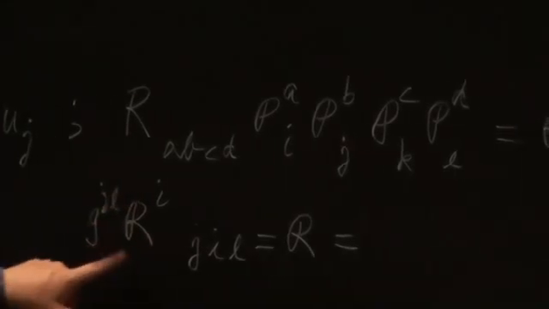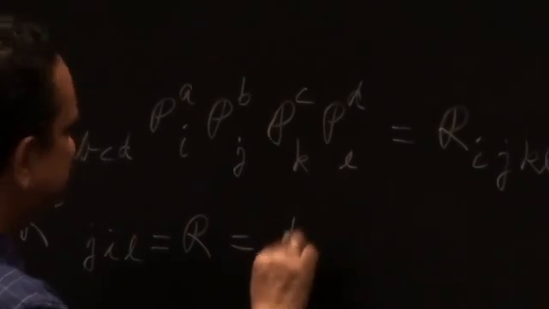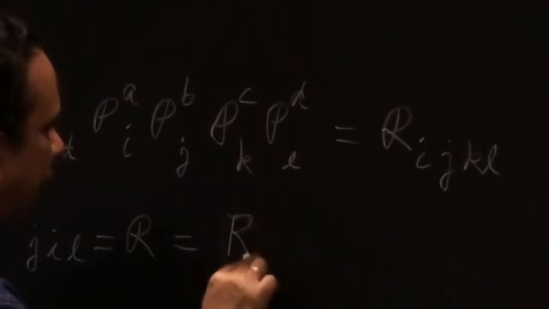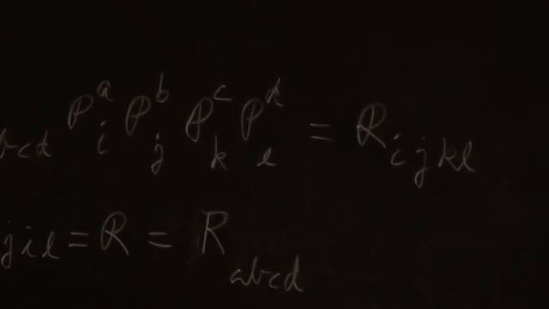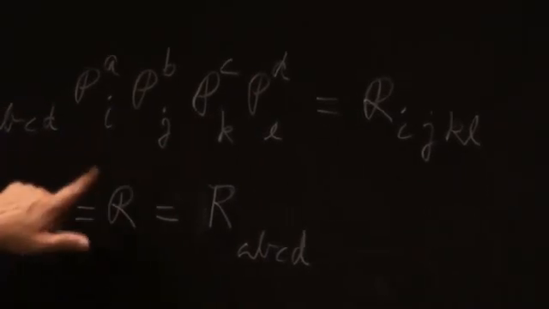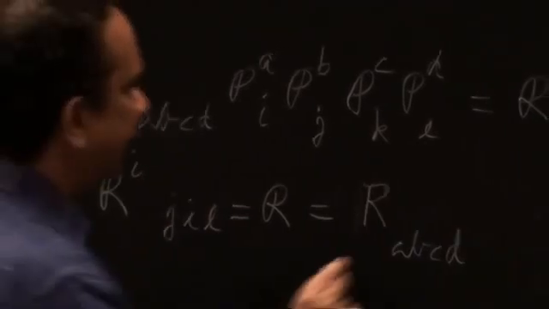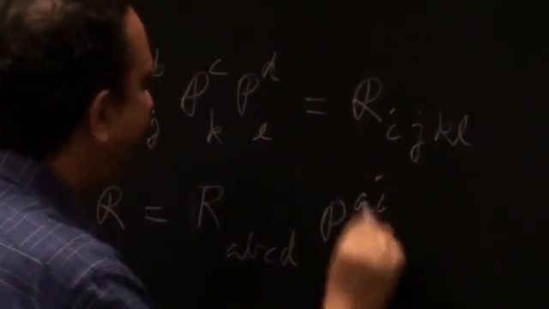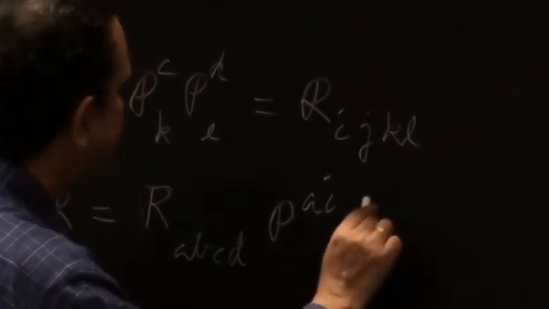So here I am going to first put I and J equal. Okay, so let me write it down. This is going to be R_ABCD, and let us work out the contractions. So I am going to contract I and K. So I get P_AI, then P_KC.